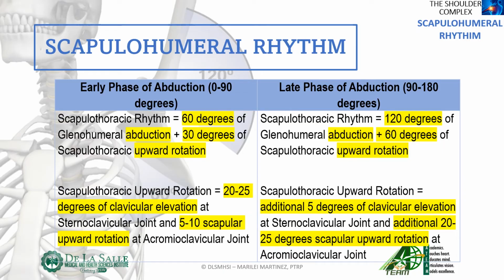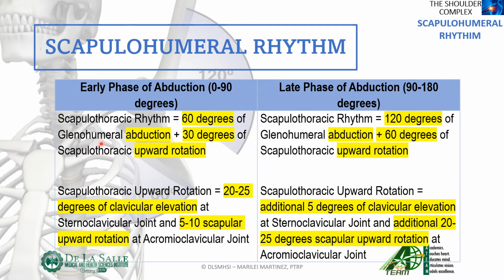Specifically, there is 2:1 ratio between the glenohumeral joint and the scapulothoracic joint. Let's discuss it further. So, in the healthy shoulder, a natural kinematic rhythm or timing exists between glenohumeral abduction and scapulothoracic upward rotation during shoulder abduction. Okay, so please remember, during shoulder abduction of the glenohumeral joint happens and upward rotation of the scapula in the scapulothoracic joint happens.